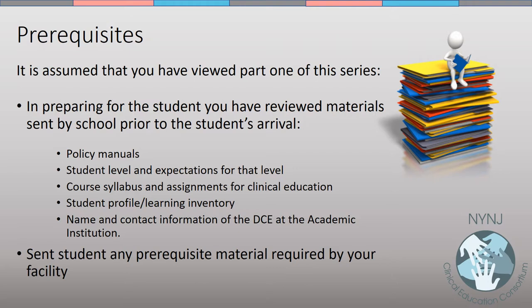If there are any facility-specific training or orientation materials, these should have already been sent to the student and completed by the student. Examples of helpful items to send to a student prior to their arrival are commonly used abbreviations, commonly used outcome measures used in your clinic, and articles that may be pertinent to the population you see.